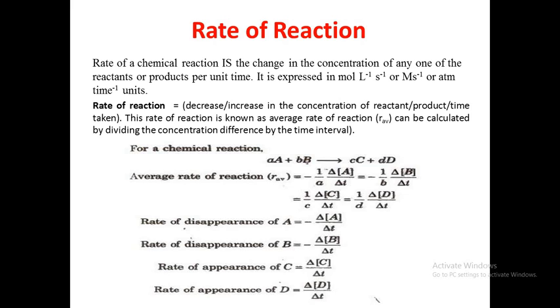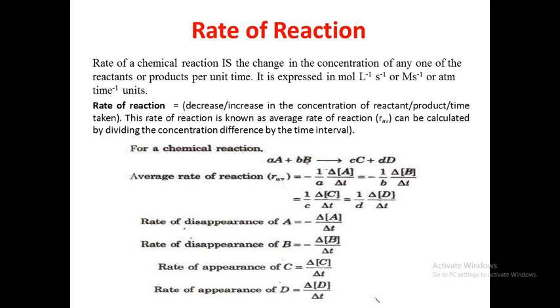So very easy. Rate of reaction means the change in concentration of any one of the reactants or products per unit time. When the change in concentration is delta A and the time taken is delta t, then the rate means delta A by delta t. But in case of reactant, you have to multiply by minus before the rate.